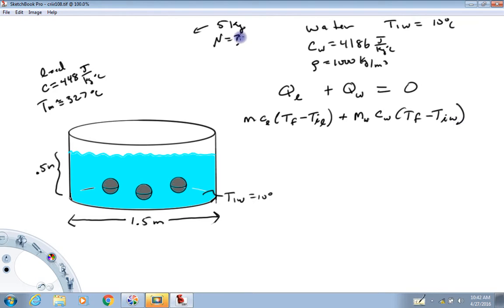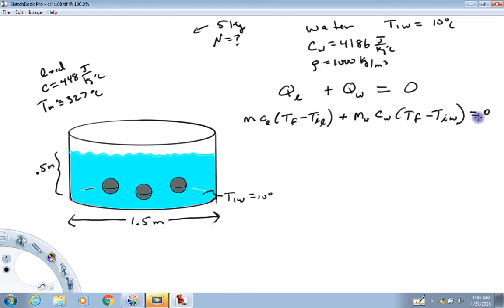The question we're looking for is how many cannonballs can we add to this to bring the water up to its boiling point of 100 degrees centigrade. But we're not going to be adding any more than that, so there will not be a phase change in this specific example either. All right. So these are the only two thermodynamic terms, and then equals 0.